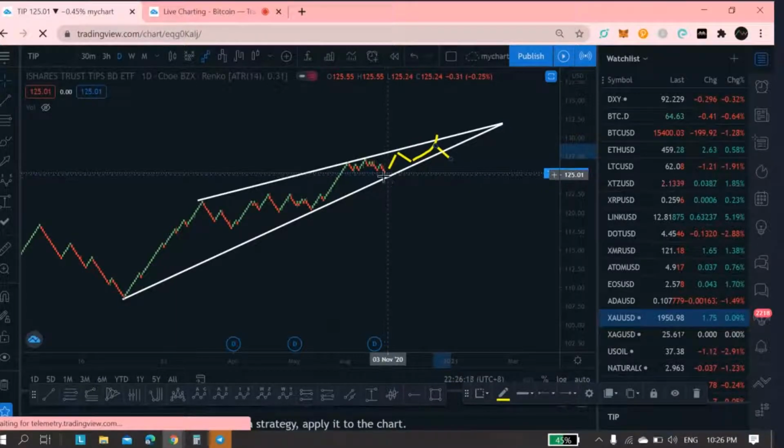For me, I might possibly test buy here because I also do averaging anyway. So I might possibly test buy here, and if it holds, of course, I will wait at this area, around more or less the previous high of around 128 area. That could possibly be my next TP area.